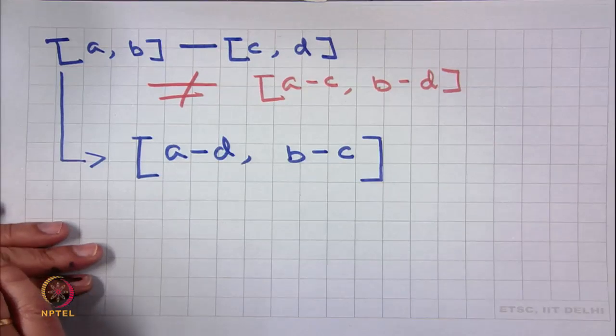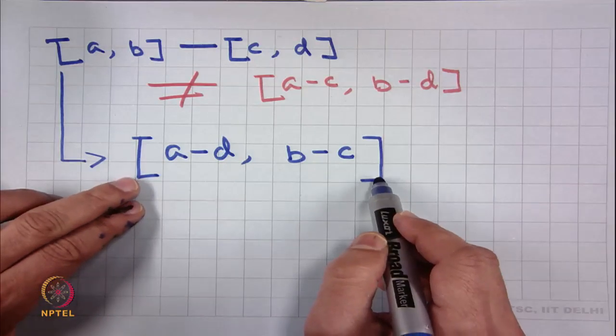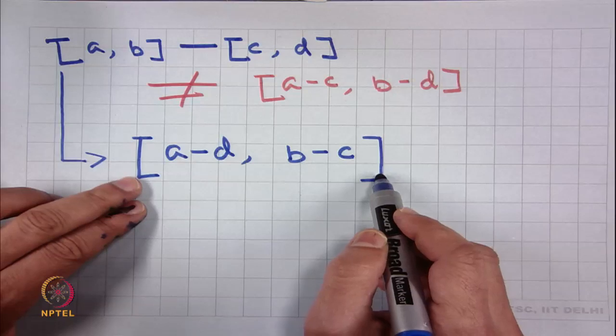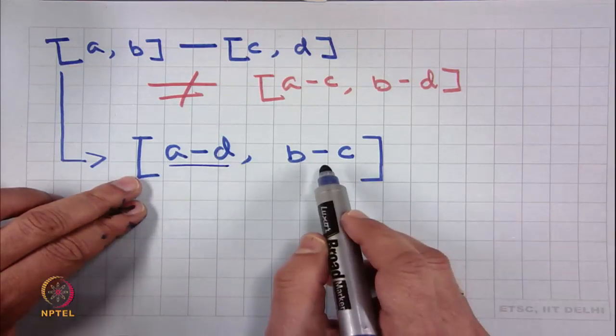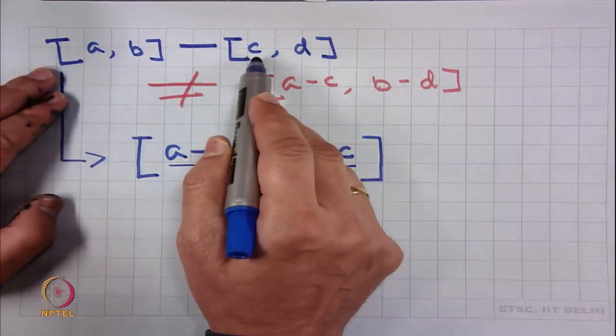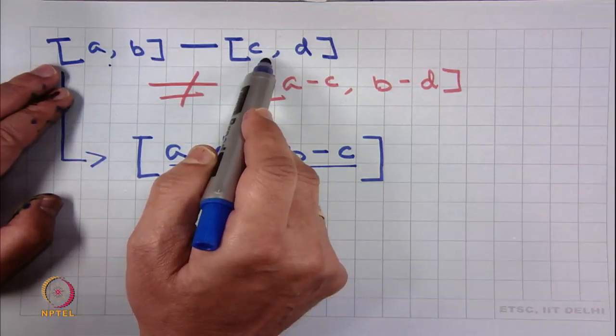Why? Because in forming the interval of the output, we look at what is the smallest value that it can attain and what is the largest value that it can attain when we apply the subtraction on these two intervals.